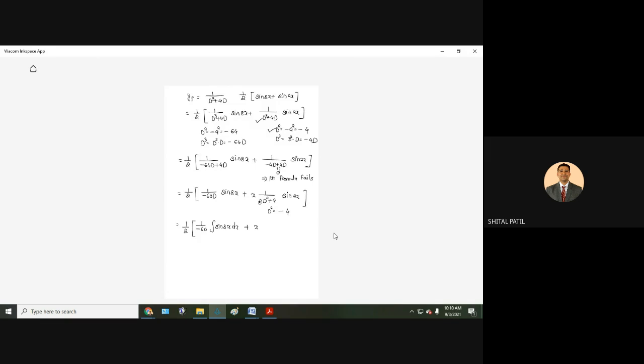Plus x times 1 upon 3D square equals minus 4 plus 4, sin of 2x. Let's simplify this. Cos of 8x divided by 8, minus sign will come, plus x. We can take 1 upon 8 outside.